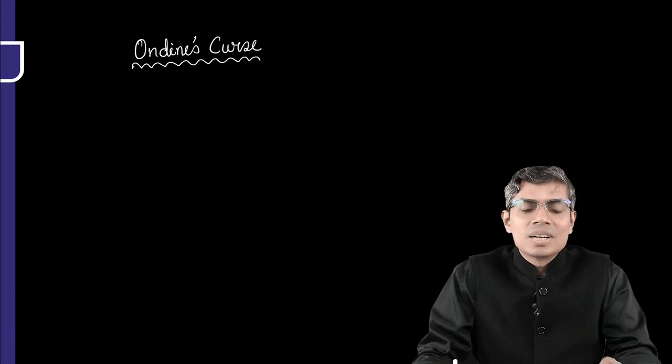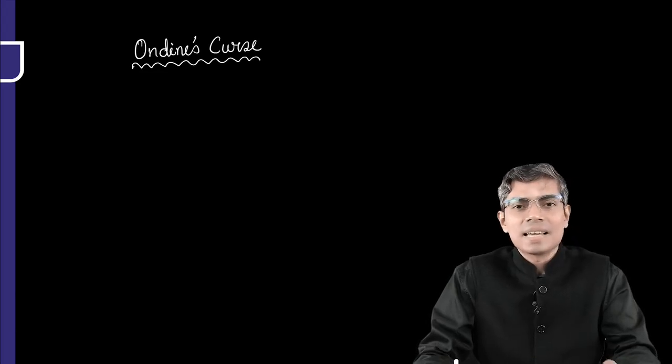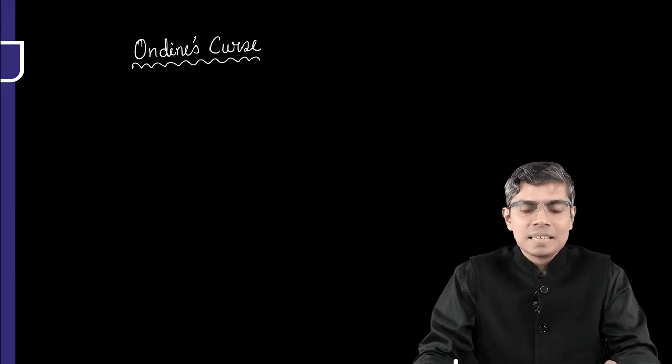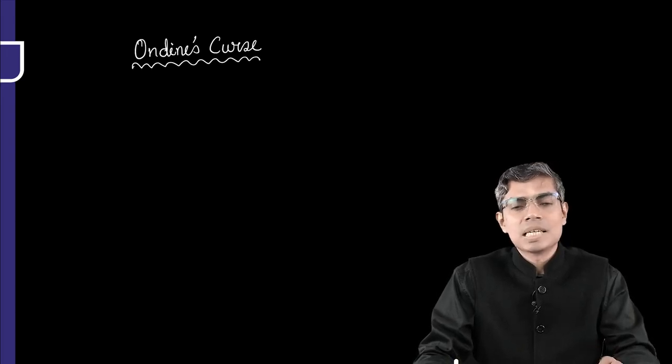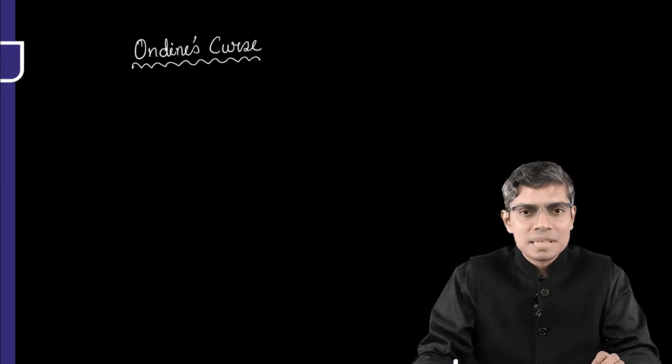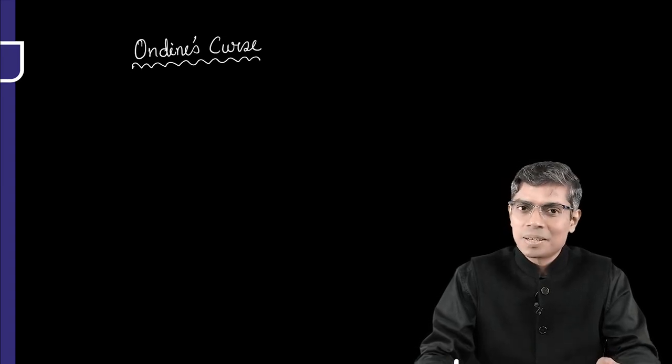Because of this, Ondine became severely angered and she gave a curse to Hans that in your whole life you will not be able to sleep. What is the meaning of that?